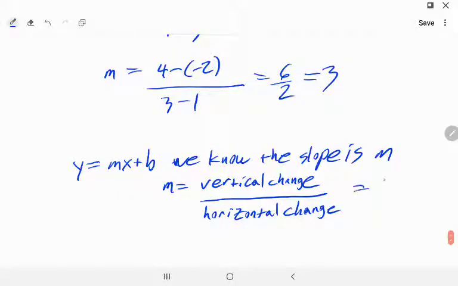And that's often referred to as rise divided by run, or rise over run.